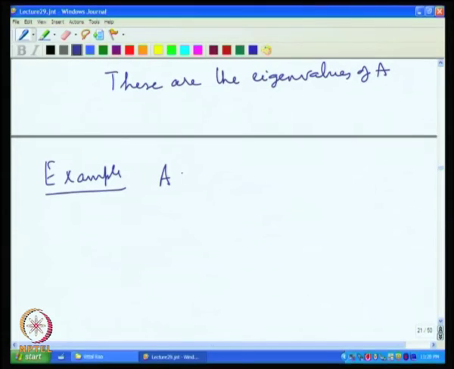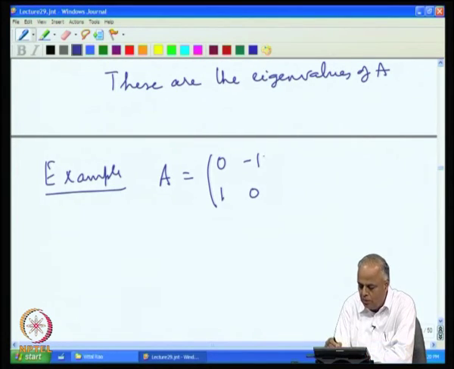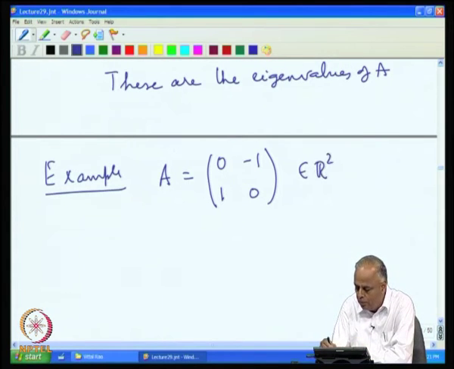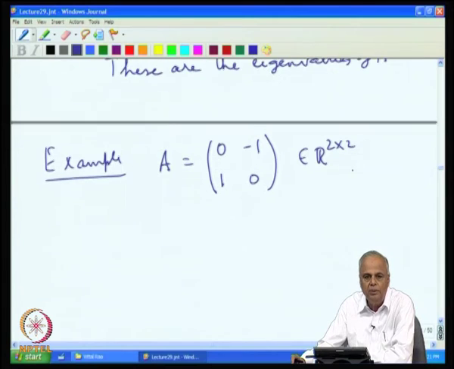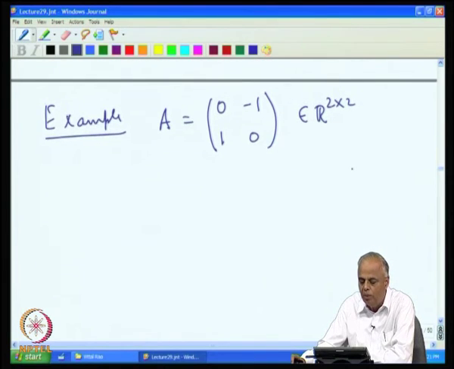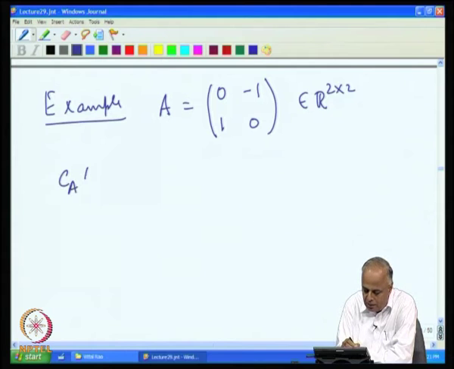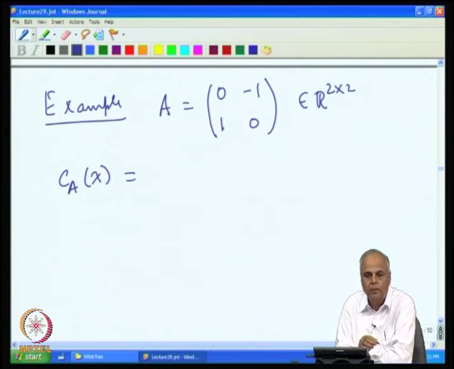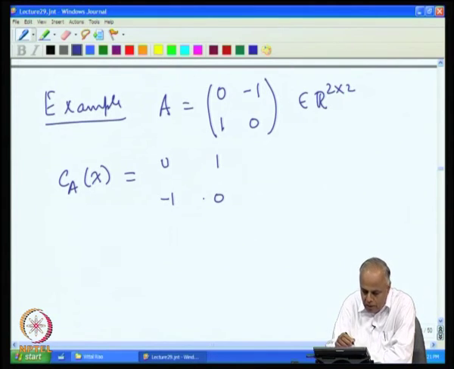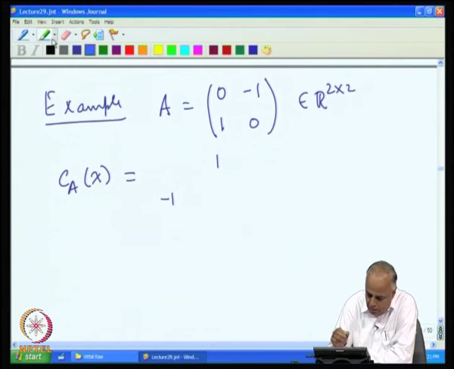Let us consider the matrix A, which is 0, minus 1, 1, 0. This is again a real 2 by 2 matrix. So, its characteristic polynomial must be a monic polynomial of degree 2 because it is a 2 by 2 matrix. So, let us write the characteristic polynomial, which is: negate the matrix and then stick a lambda along the diagonal.